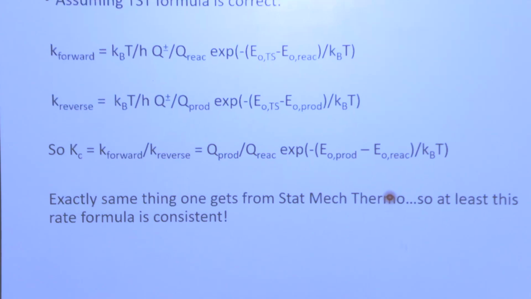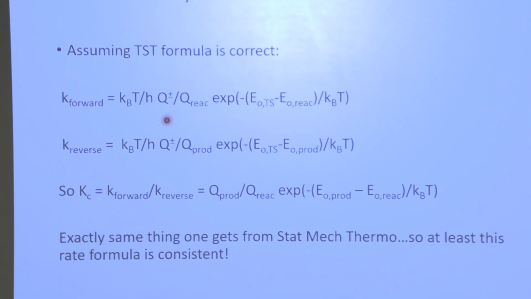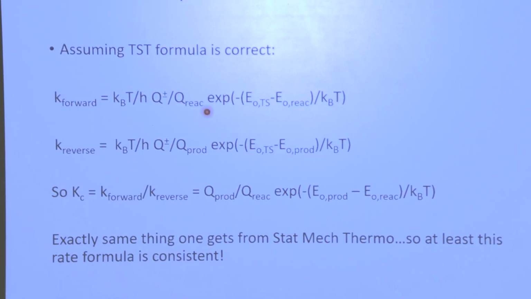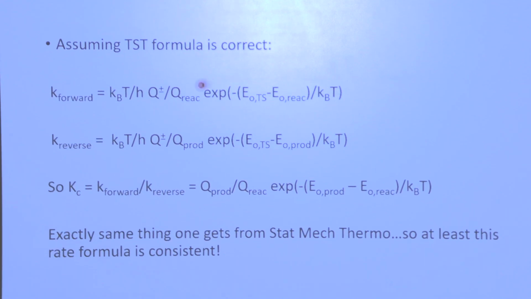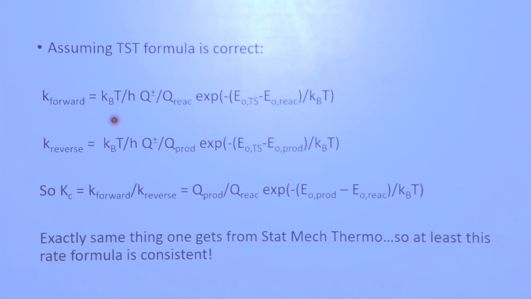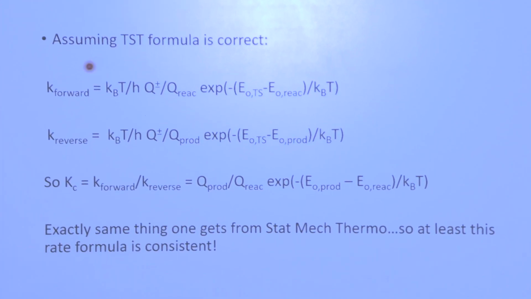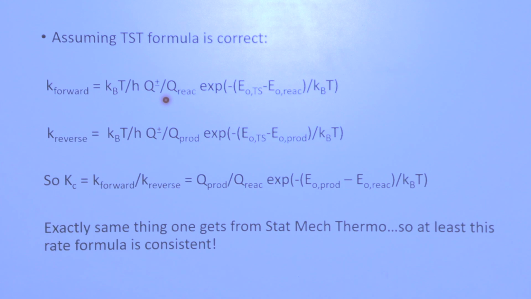The thing to notice is that this part is the EA term in the Arrhenius, and so this first part should be the A factor, right? But notice there's a T here, and also both of these Q's have some funny T dependence. So the theory says it should not be exactly Arrhenius.